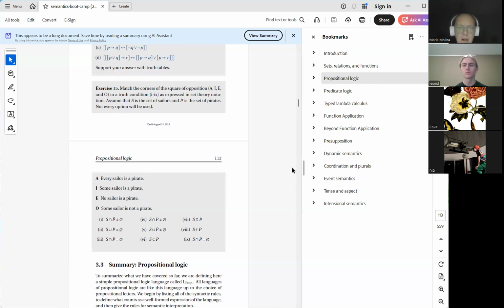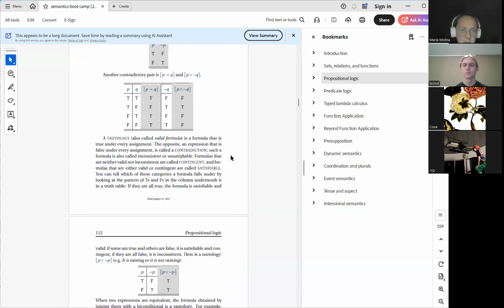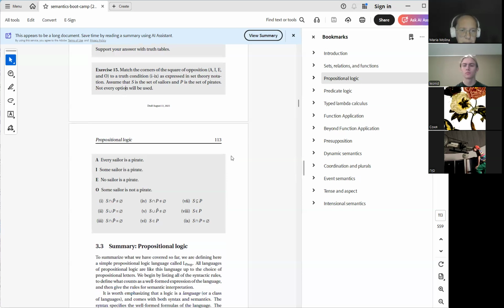Number 3, we have the negation there, right? P with the macron. Number 3 says what, there is no such item, sailor and pirate.